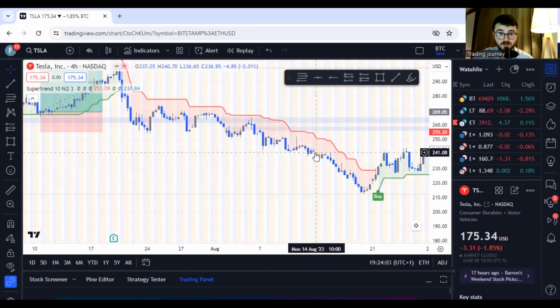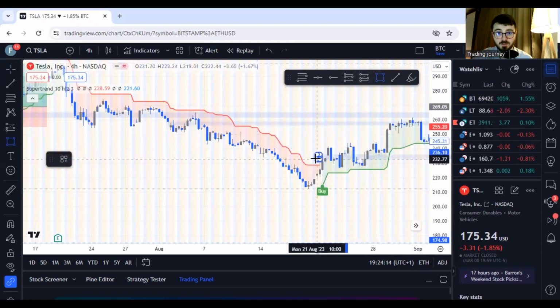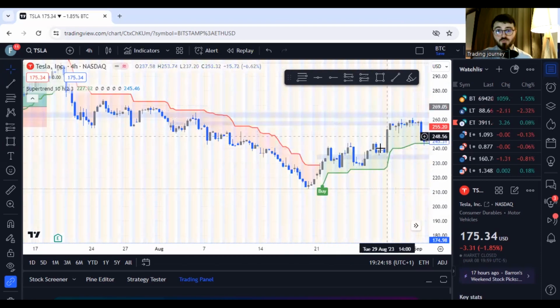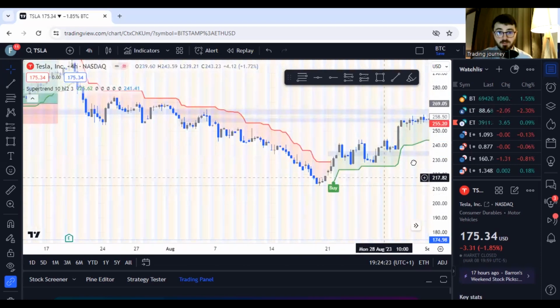For instance, here there's also a little weird gap happening, and another one here. That one is quite significantly bullish as well, and you can tell that the market just reverses from this point. That's showing the momentum is really strong.